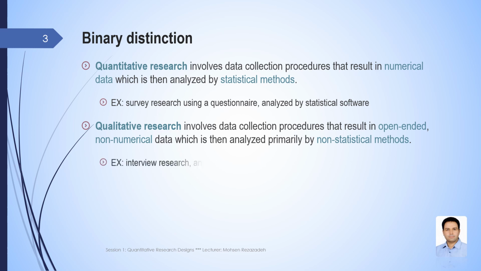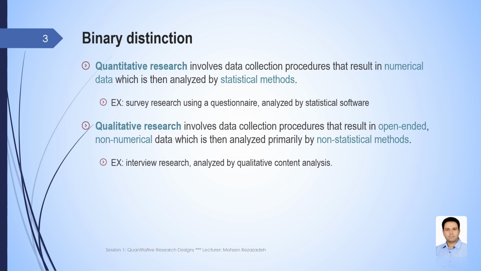A typical example can be interview research, which is analyzed by qualitative content analysis. For example, first you code the data based on the transcriptions of the interview, and at the end you have a kind of discussion and conclusion. This is a non-statistical method.